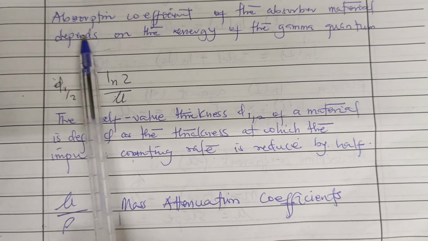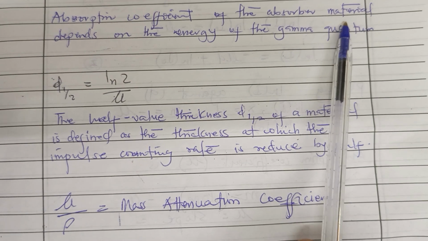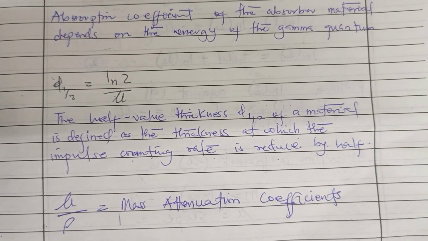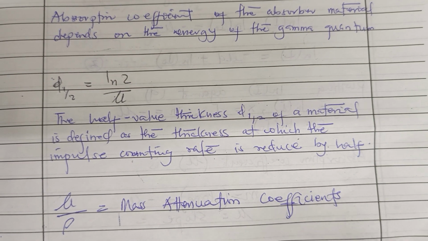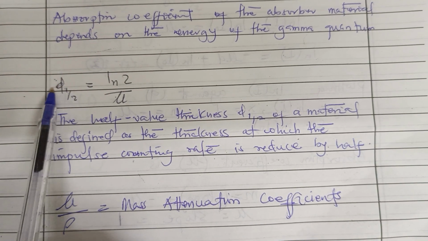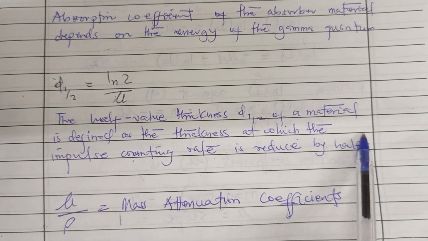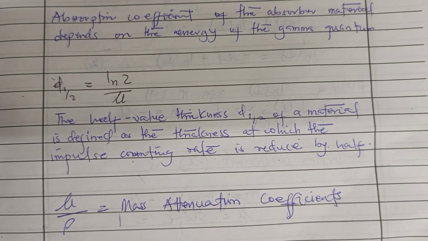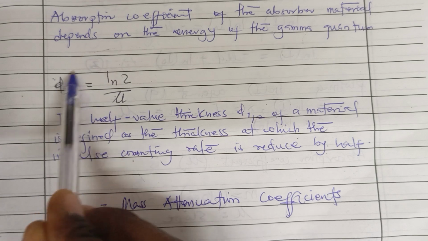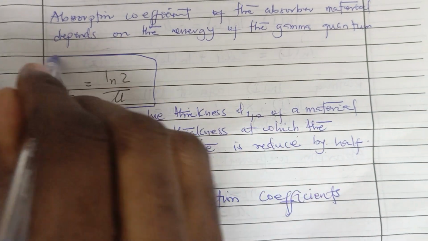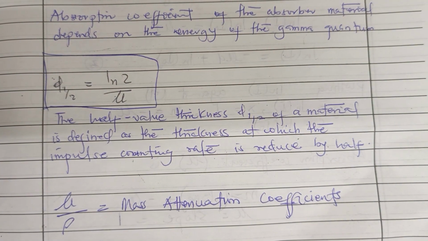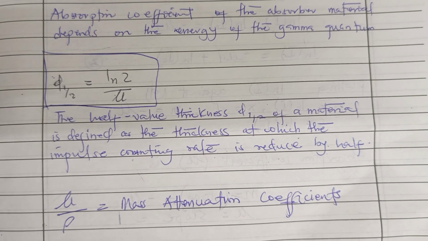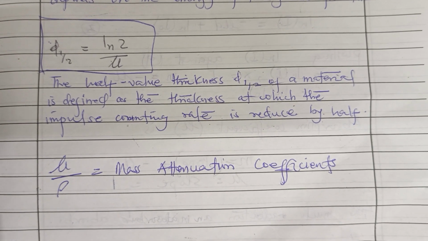As I was saying, the absorption coefficient of the absorber material depends on the energy of the gamma quantum. We'll be finding three things. The half-life thickness of the material is defined as the thickness at which the impulse counting rate is reduced by half.